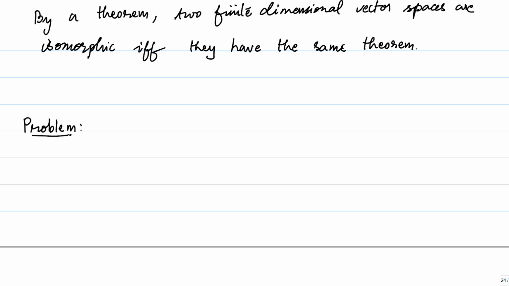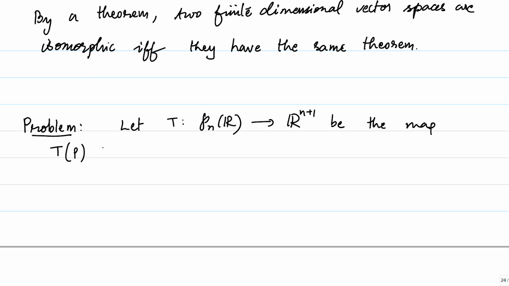asks us to prove that this particular map, let T from Pn of R to Rn plus 1 be the map. So let me not write that it is a linear transformation. That even I will not check. Let me just leave it to you. T of P is P of 0, P of 1 up to P of n.